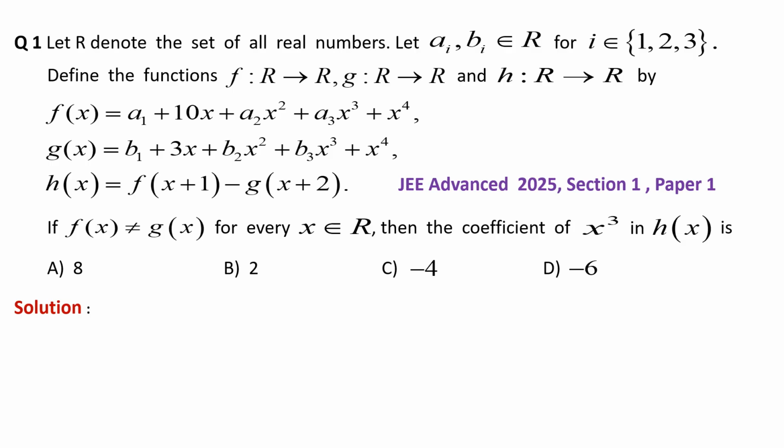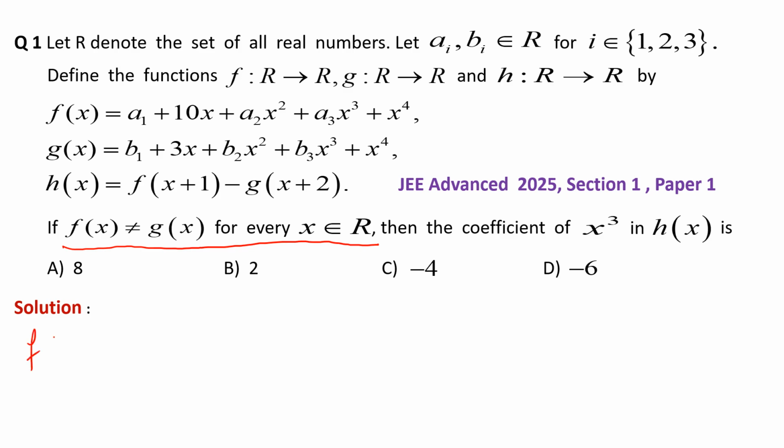Now students, this question appears to be a tough question, but actually it is a simple problem. Now according to the statement f of x not equal to g of x for every x belonging to capital R, it clearly means that the equation f of x minus g of x equal to 0 does not have any real root.